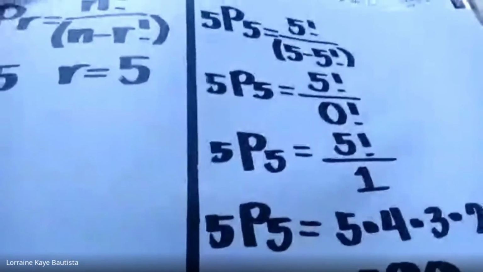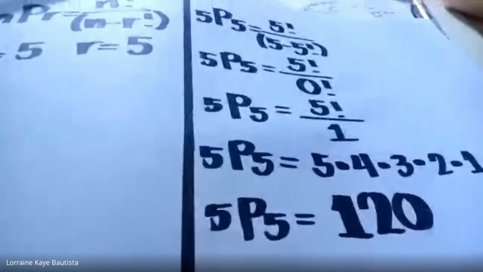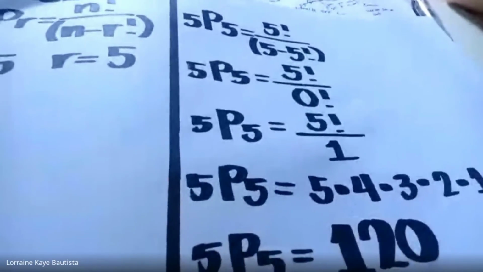Then 5 minus 5 factorial is equal to 0 factorial, which is considered as 1. So 5 factorial divided by 1, which is 5 times 4 times 3 times 2, is equal to 120. So there are 120 ways to arrange 5 family members in the frame, ma'am.